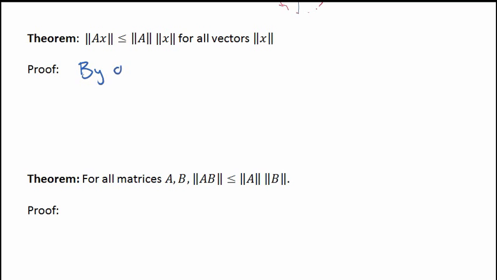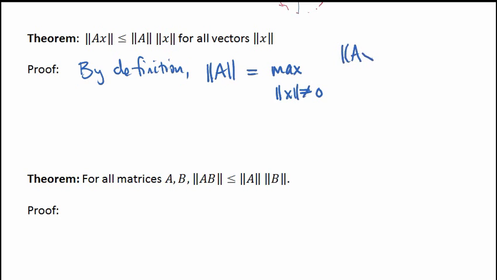By definition, the norm of A is the maximum over all non-zero vectors of norm of AX divided by norm of X. So if you take the maximum over a whole set, that's greater than or equal to any particular member of that set.